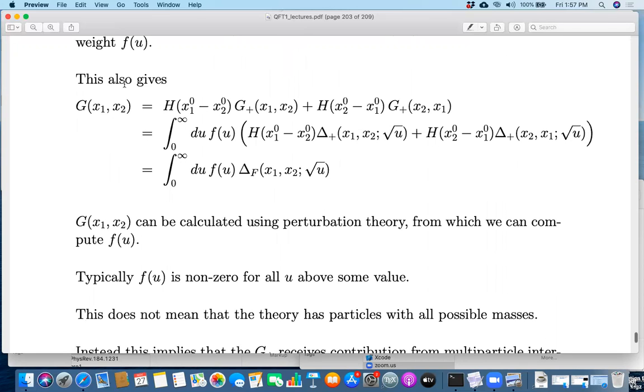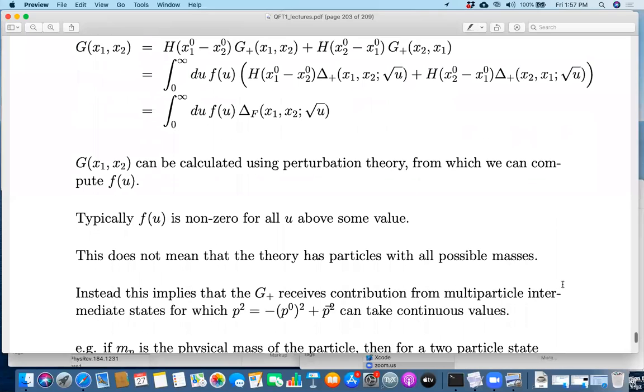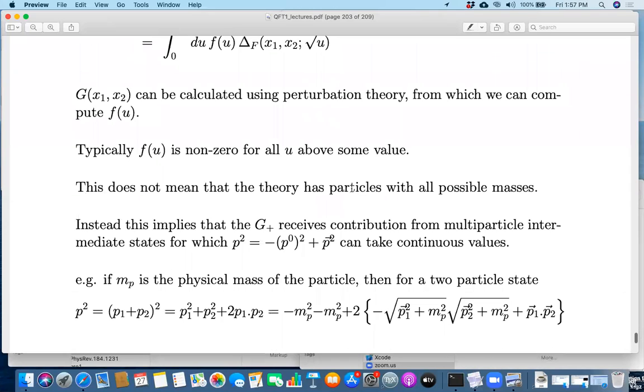So the idea is that we know how to calculate G of x1, x2, at least in perturbation theory, but even non-perturbatively G of x1, x2 is usually easier to calculate than G plus. So since we know how to calculate G, we can use it to extract this function f of u, the spectral density. And typically what one finds is that f of u is non-zero for all u above some value.